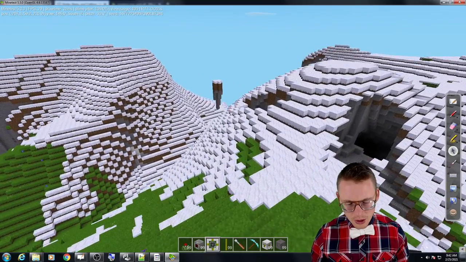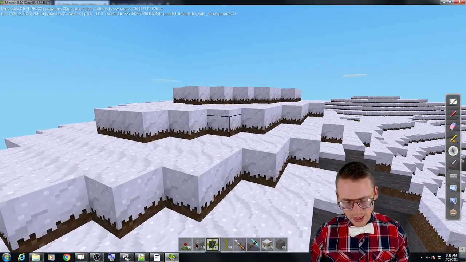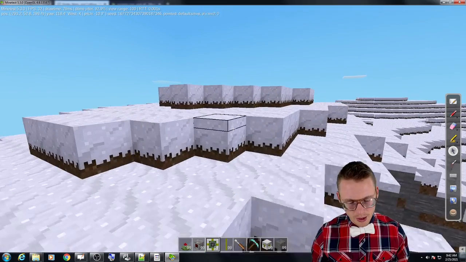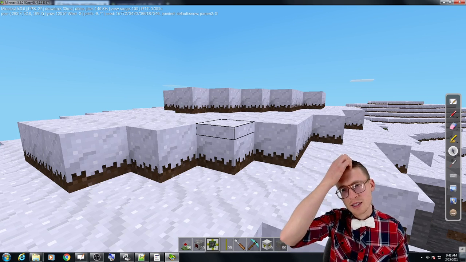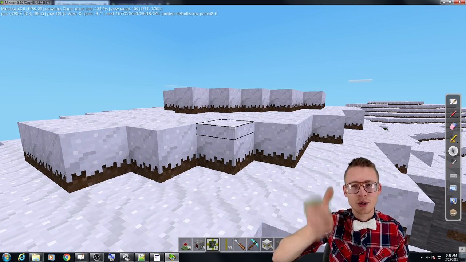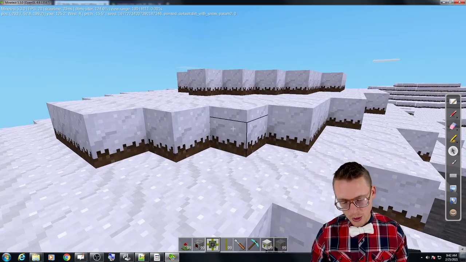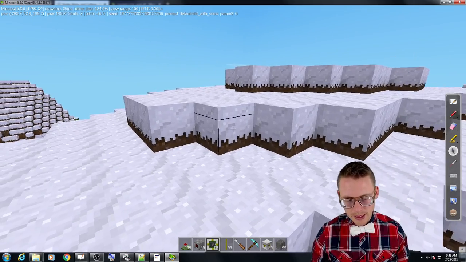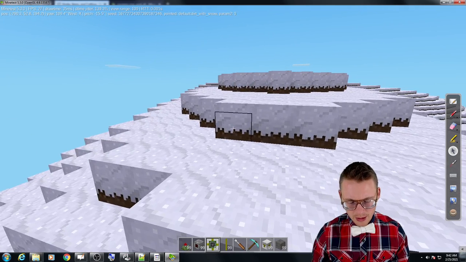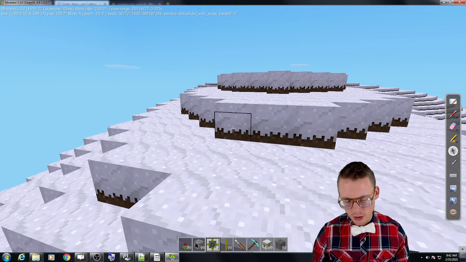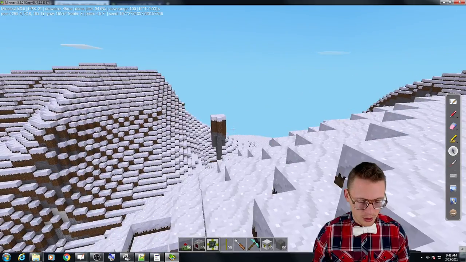I think I'm right on that, but I could be wrong. The snow, I don't think it's a node, but nodes don't necessarily have to take up the entire cube, so that's where I could be wrong. But these on the bottom, let's see, this is like default dirt with snow, I think, are nodes.